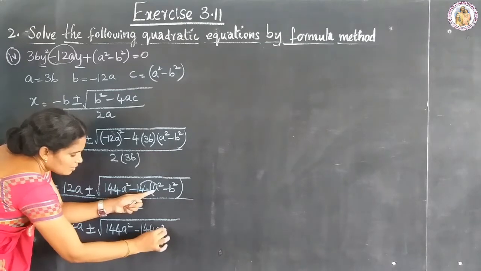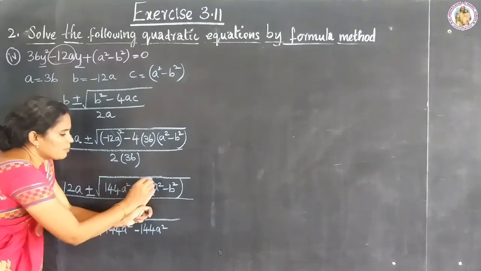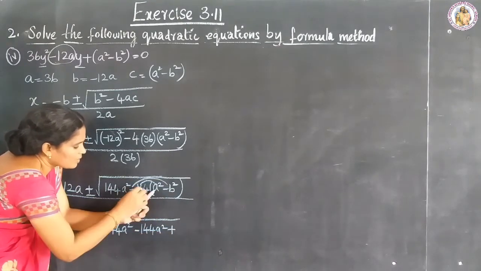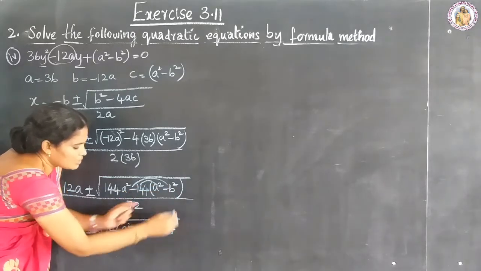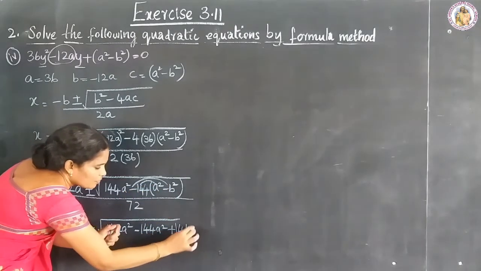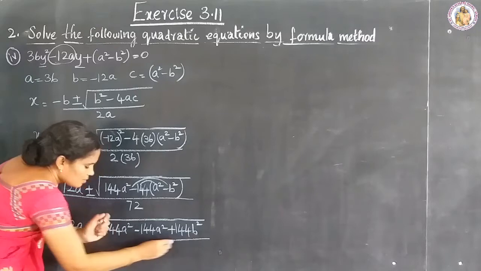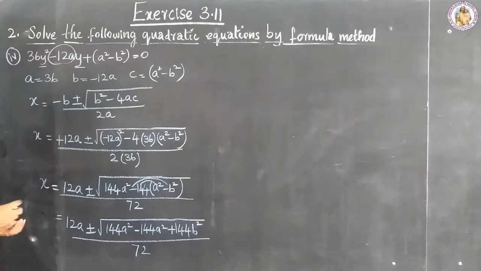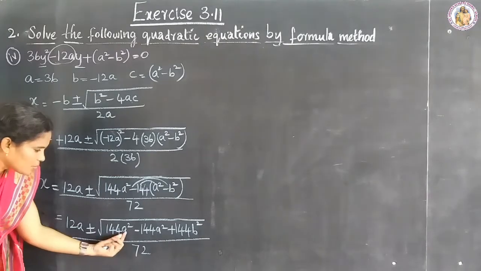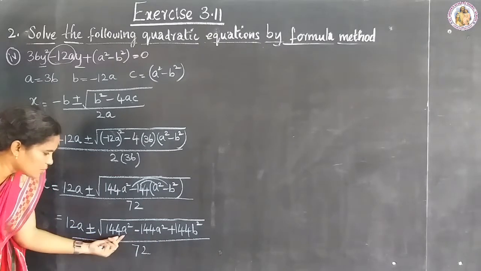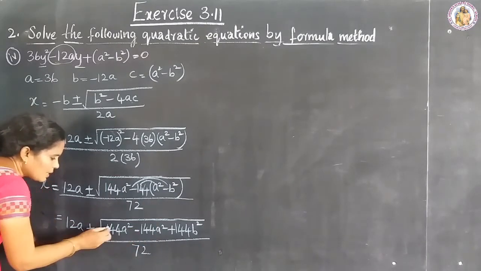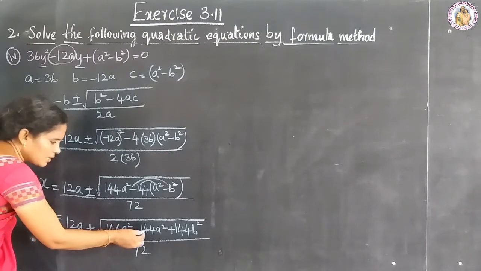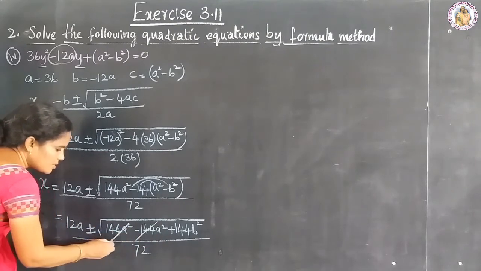Minus into minus becomes plus, and 144 into b square, 144 b square, by 72. Now you can see 144 a square minus 144 a square, like terms. So 144 a square minus 144 a square is 0.